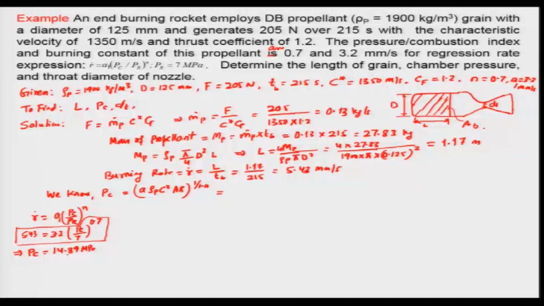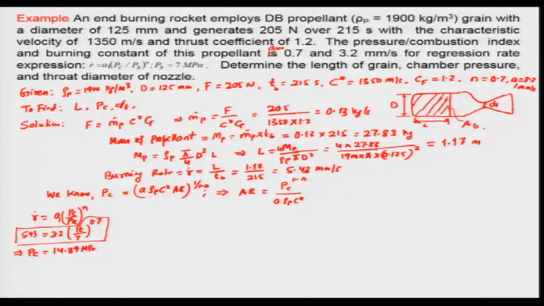From this expression you can get, this is the thing, and by knowing this one I can get basically area ratio from here. It will be Pc power to the 1 minus n divided by A rho p C star.